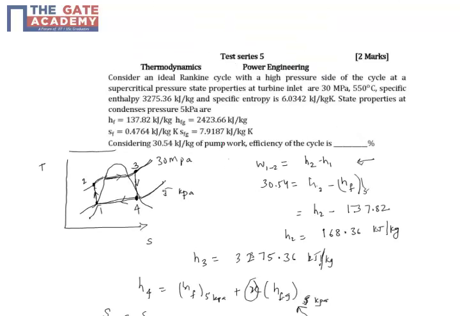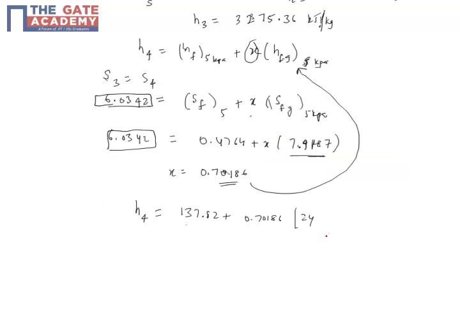Let's look at the value again. 2423.66 is the HFG. So the whole thing is about getting the dryness fraction. Once you get it, you can compute H4, which is 1838.86. So 1838.86 is the H4.